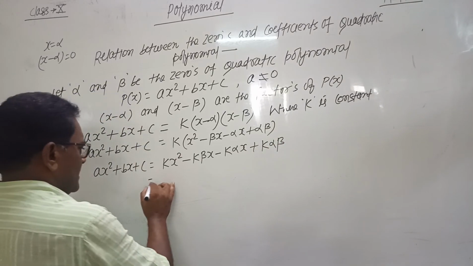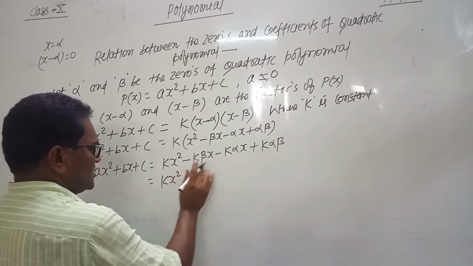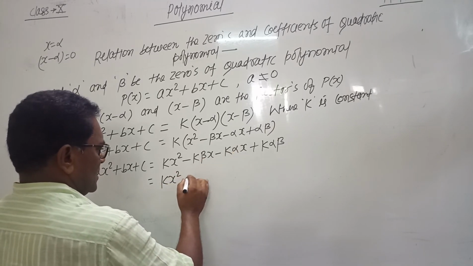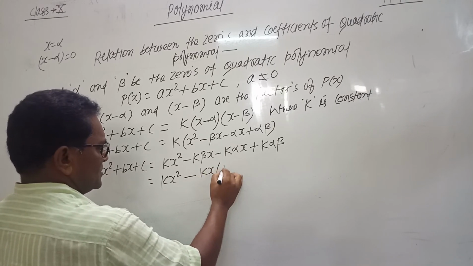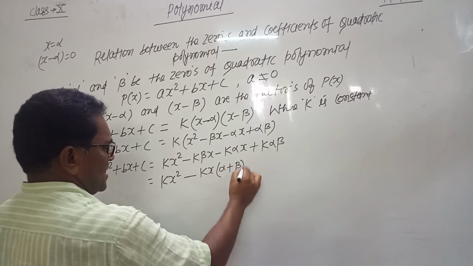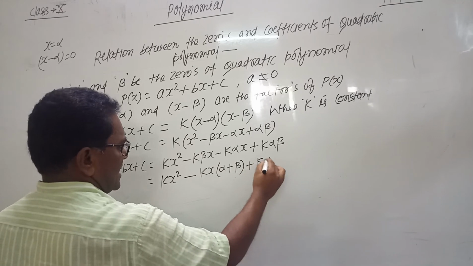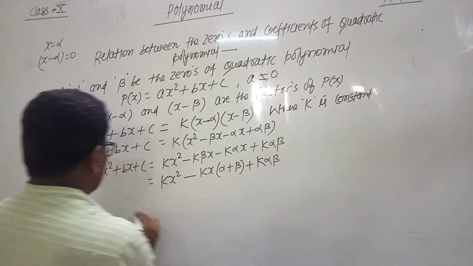Now, from these two terms, kx is common, so we get kx² minus kx(alpha plus beta) plus k alpha beta.